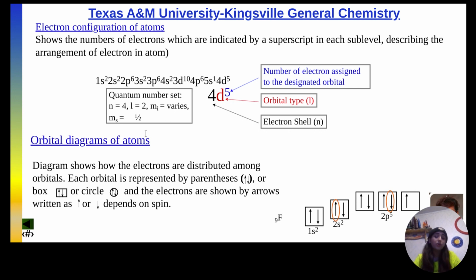The orbital diagram of atoms is a different way that this is shown. This diagram shows us how the electrons are distributed among the orbitals. Each orbital is represented by parentheses, a box, or a circle, and the electrons are shown by arrows going up or down depending on the spin.